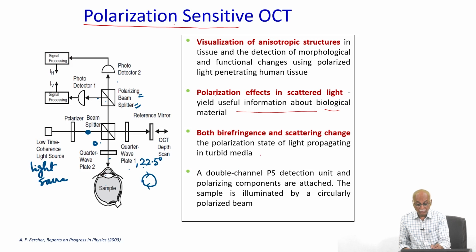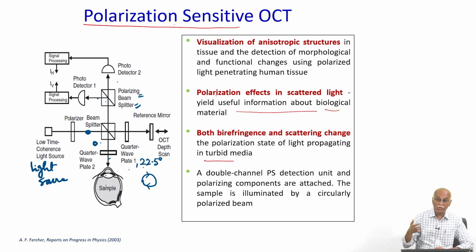Secondly, we can also use it in certain media which are turbid, where polarization states may be used to capture some information. And as I told you, the reflection from the front surface of the sample, which acts as an extra noise signal for other depth information, can be avoided.